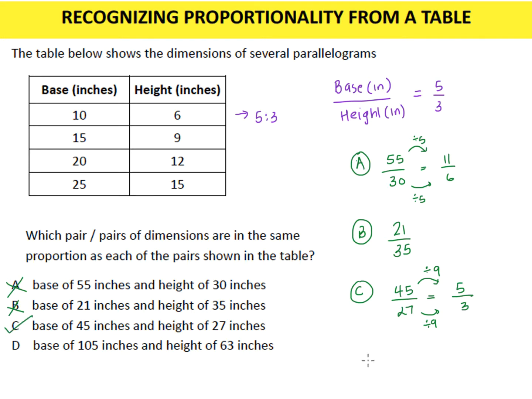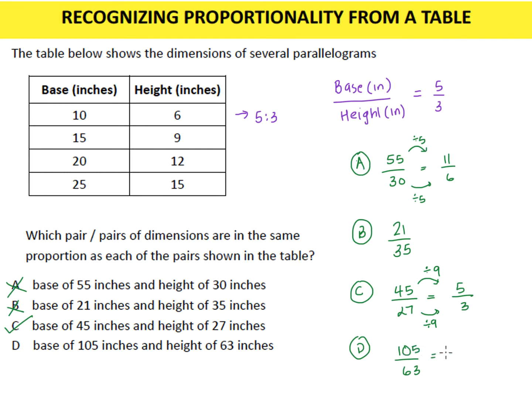And now let's look at D. In D, we have 105 over 63. I think 3 goes into both of these. If you knew your divisibility test for 3, you can add up the digits. So 1 plus 5 is 6 and 3 goes into 6. If you want to know more about the divisibility test, you can look up the videos on divisibility test. So I know 3 goes into 105.